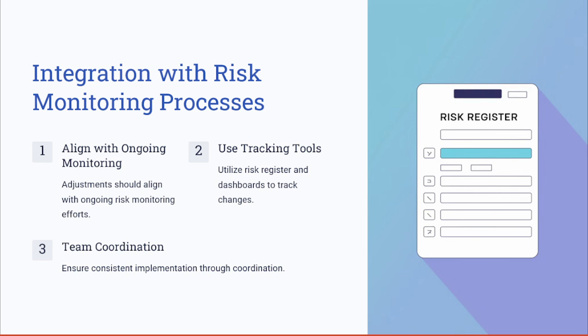You may also use tools, like the cornerstone artifacts that you need to update and keep monitoring, such as the risk register and dashboards, to track any changes. You will also have to coordinate with the team members to ensure consistent implementation of these risk responses.